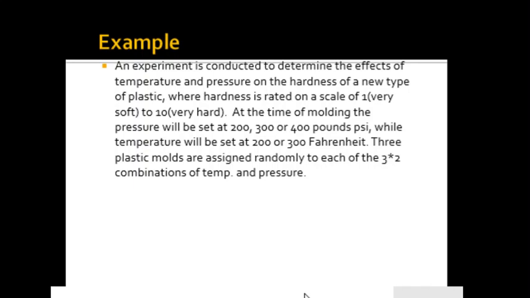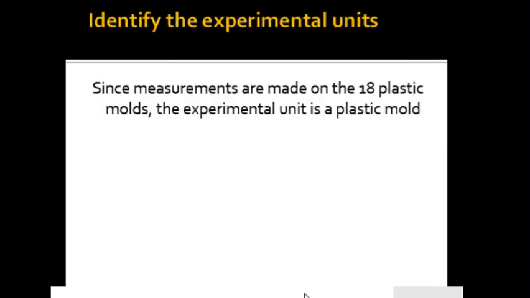Three plastic molds are assigned randomly to each of the 3 by 2 combinations of temperature and pressure. So let's use the terms that we just learned. First, what are the experimental units here? The 18 plastic molds that we're using for the experimentation will be the experimental units.